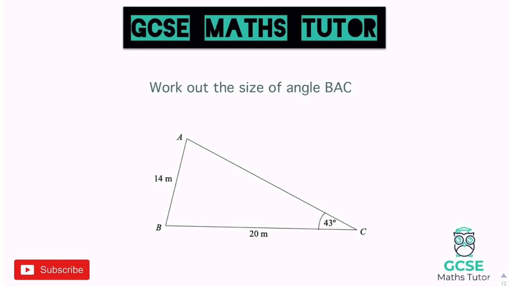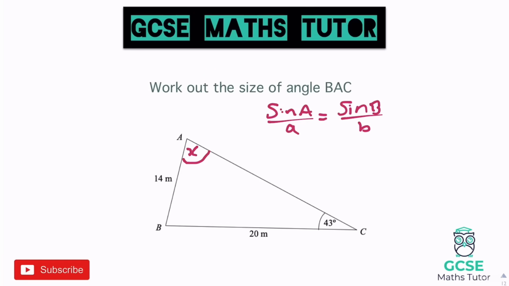Okay, so in this question, let's have a look. Work out the size of angle BAC. So let's identify that. That is here, BAC. Okay, so we're going to use the formula the other way around this time. So sine A over A equals sine B over B. Okay, so plugging in our numbers, let's just label it up.